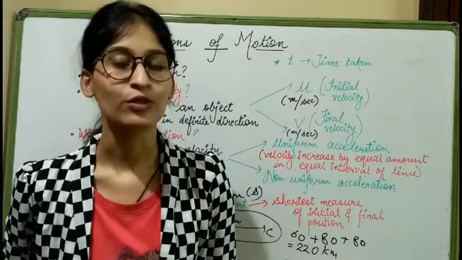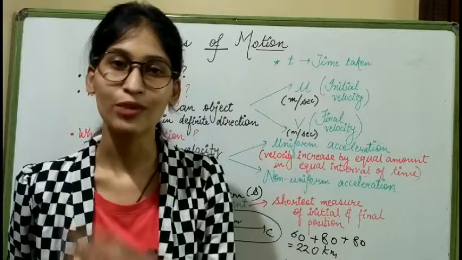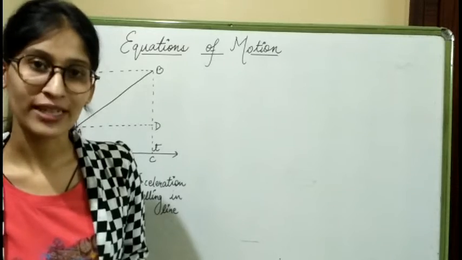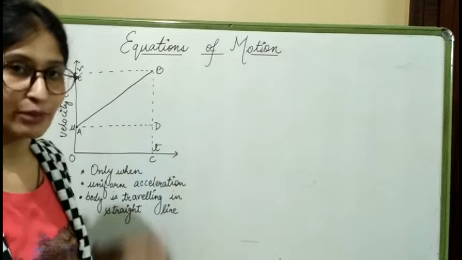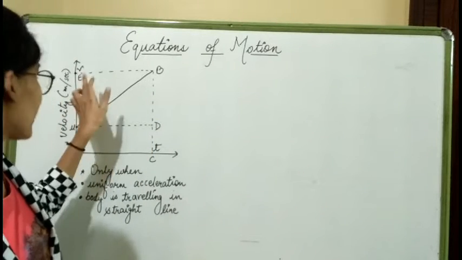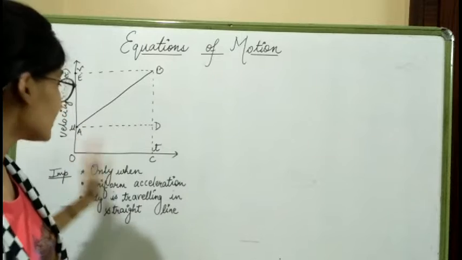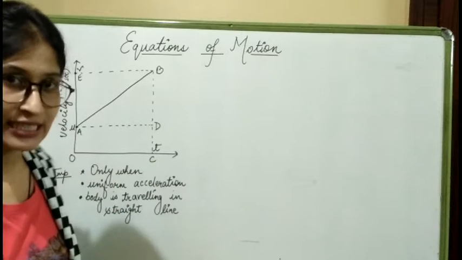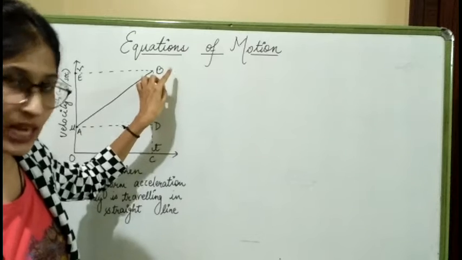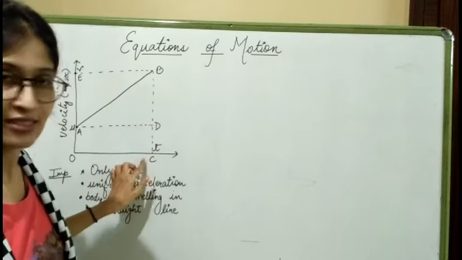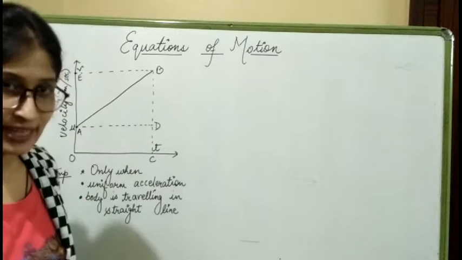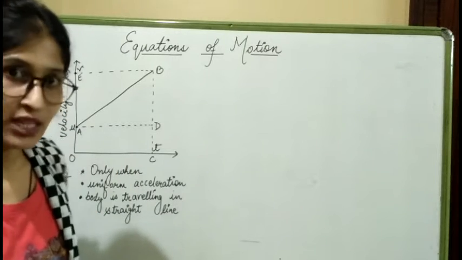Now let's move to the derivation of the three equations of motion by the v-t graph. It is moving with a uniform acceleration, so the v-t graph will be a straight line. Initial velocity is u, final velocity is v, and the time taken for the motion is t. Next, I am going to join the endpoints of the graph with the axis. As you can see, these are parallel lines, so these will be equal.